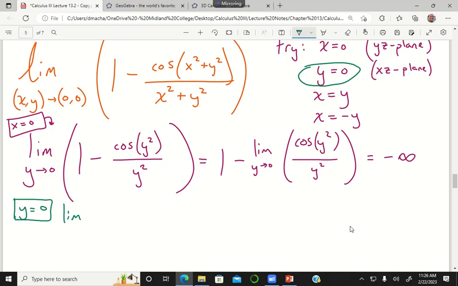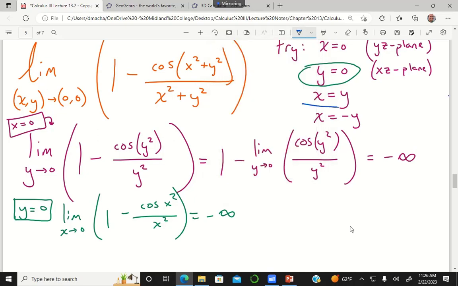You can change x and y and it doesn't change what this is. I could say y squared plus x squared, it doesn't matter what the order is. Addition is commutative. And so since this is symmetric with respect to x and y, if I took the limit as x approaches 0 of 1 minus cosine x squared over x squared, then this limit is also going to be negative infinity. Okay?